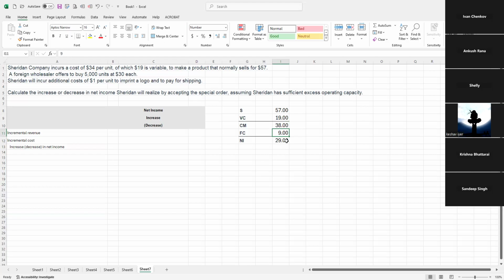Of the 34, $19 is variable. How much is left for the fixed cost? 15.